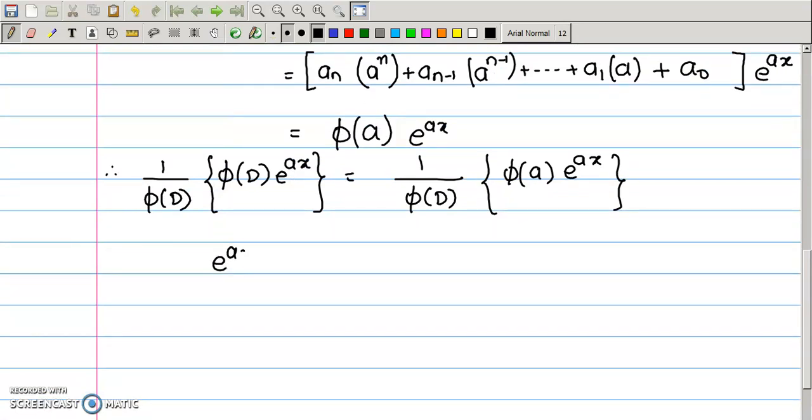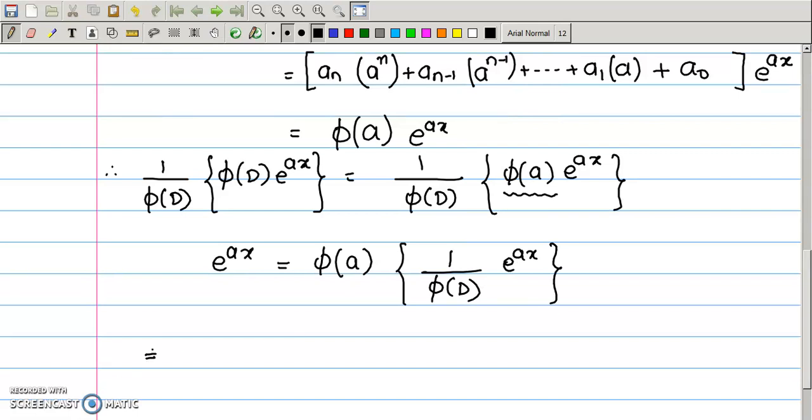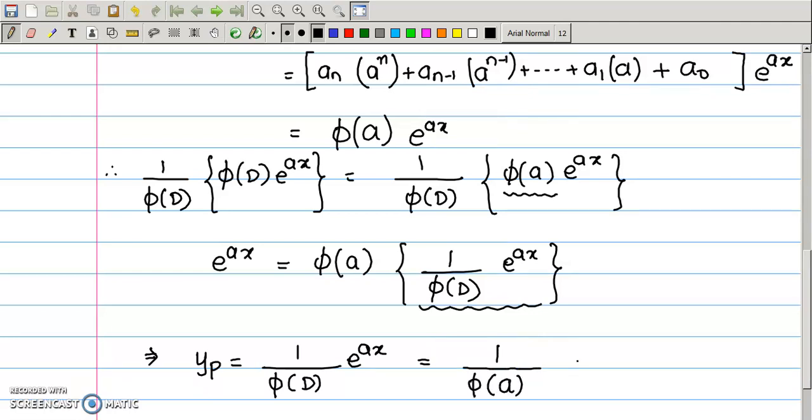Since a is constant, phi of a is constant, can be taken outside. So this is your required value for particular integral, that is 1 upon phi of D into exponential function e raised to ax is equal to 1 upon phi of a into e raised to ax.